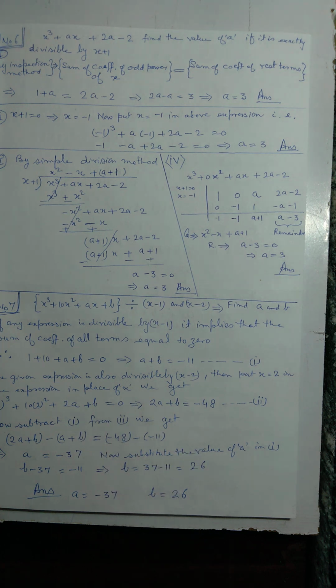Question number 7 states: find the value of a and b so that the expression x cube plus 10x square plus ax plus b is exactly divisible by x minus 1 as well as x minus 2. Means there are two factors which are dividing the given expression, that is x minus 1 and x minus 2.